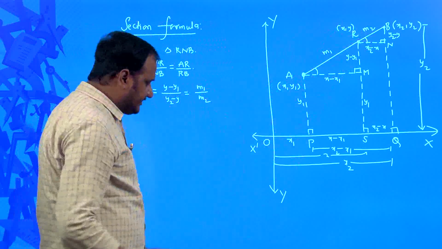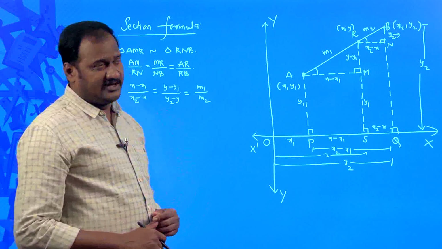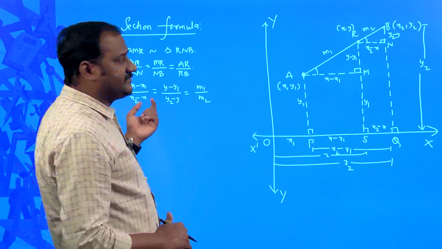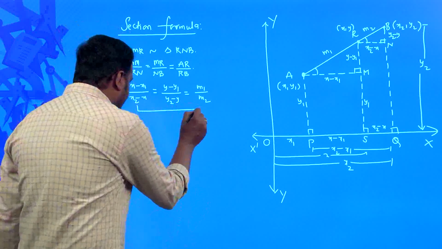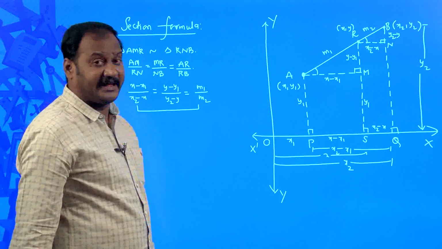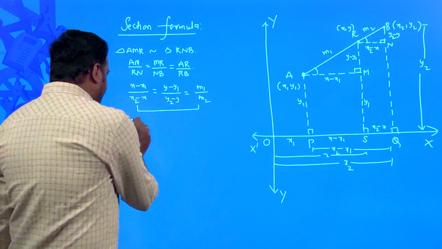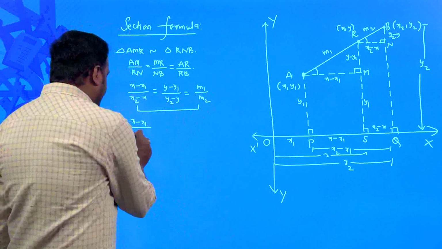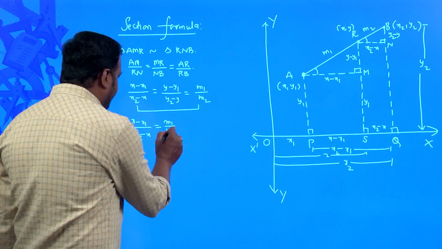See, there are totally 3 ratios which are equal, so you can equate any 2 ratios. But we are going to find out the values of x and y. That is why I am going to equate first these 2 ratios in order to get the value of x. So, when I equate both of them, then (x minus x1) divided by (x2 minus x) is equal to M1 divided by M2.